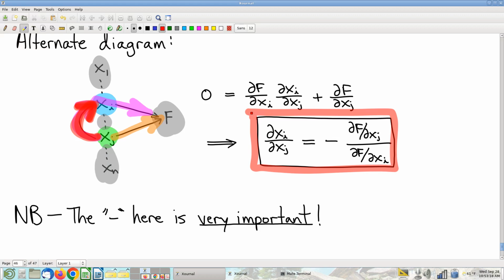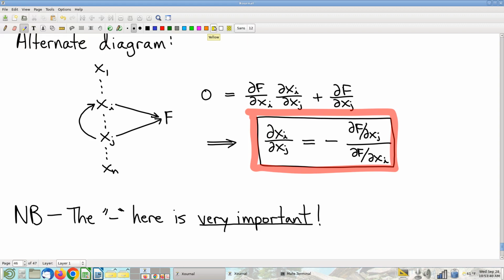Okay, several things that I need to say about this now, though. This is another situation where you've got to be careful not to step on notational landmines. And you'll recall that when we were talking about the chain rule, I pointed out you cannot view partial derivatives as fractions. They're not fractions. It just doesn't work.